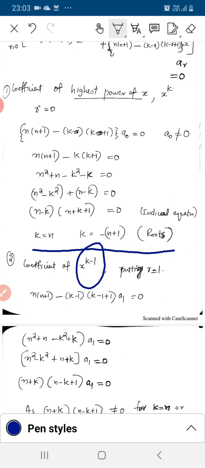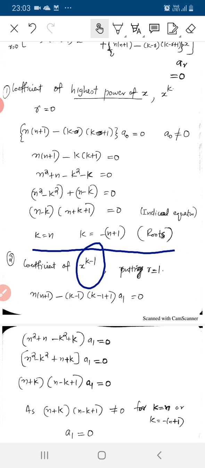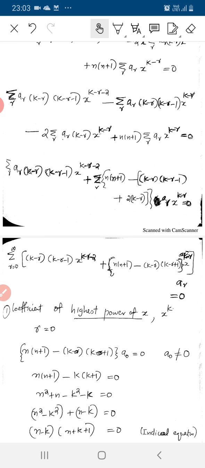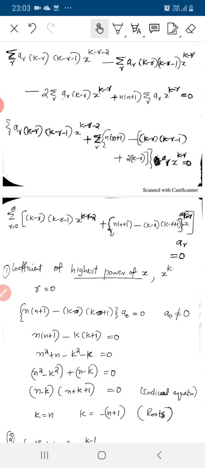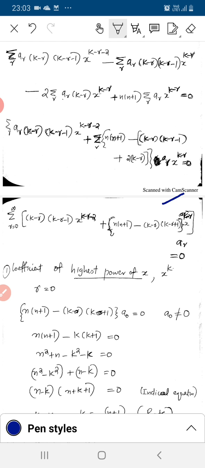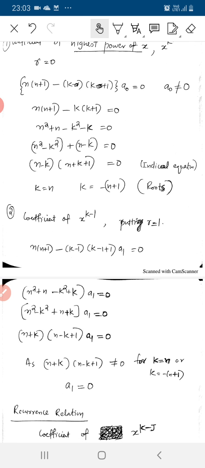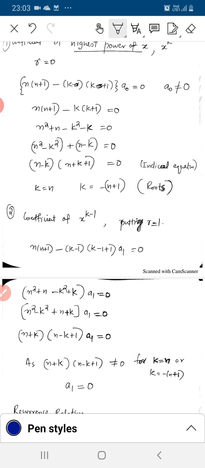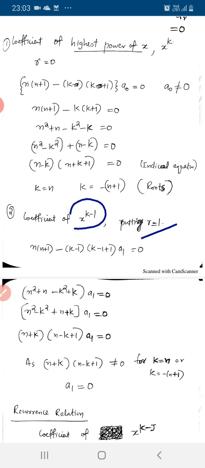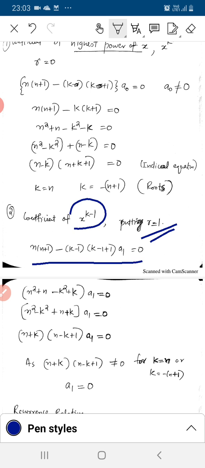We put r equal to 1 in this equation here, and we get this equation, and finally we get this.